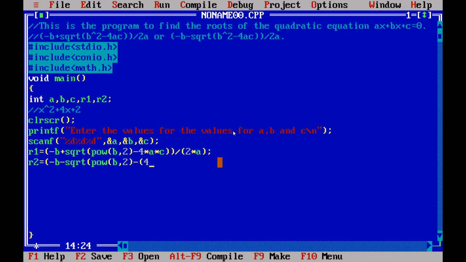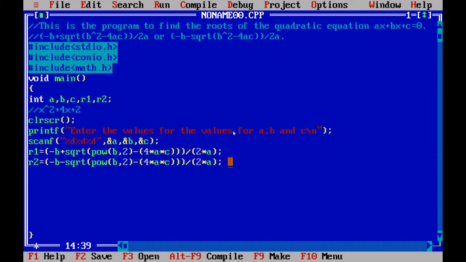Just close this one, and then divided by 2 into A. Since you are beginners, for better clarity, you may type like this. Okay.